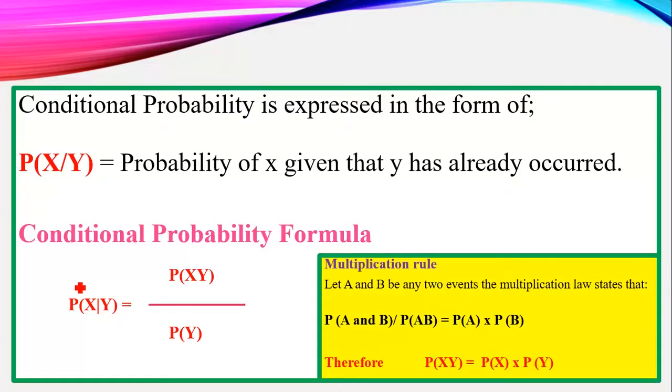Using the previous examples that I've just given, let X be passing exams, then Y be all other events preceding the passing of exams. And these activities include what? Reading, being taught, and revising.